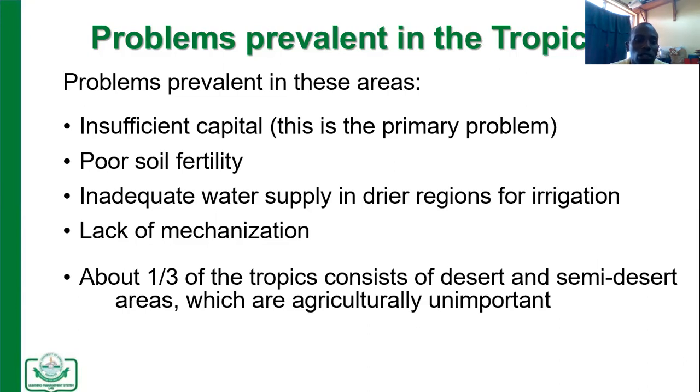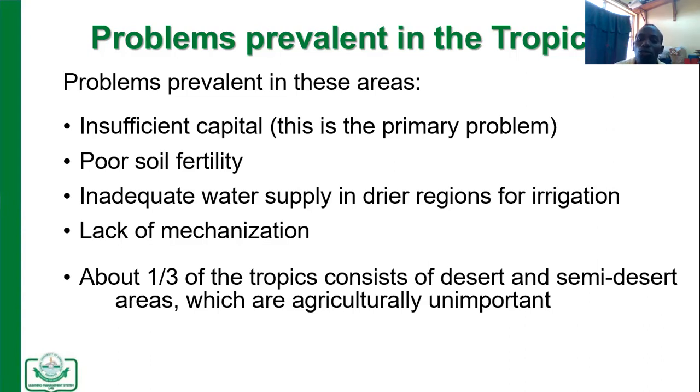Taking Nigeria as a case study, if mechanization were available compared to the advanced countries, our production would be enhanced. But it's unfortunate that in most areas of the tropics, mechanization is very low. Then one third of the tropics consists of desert and semi-desert areas, and these are agriculturally unimportant.